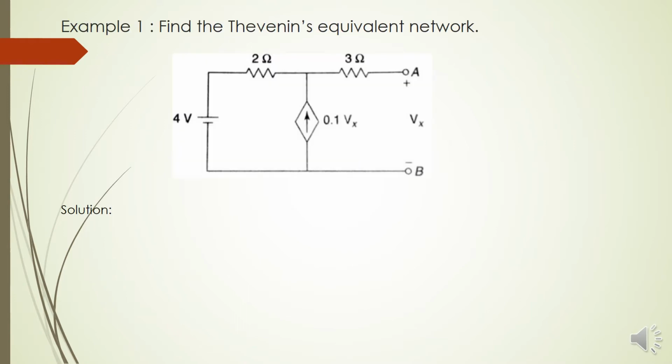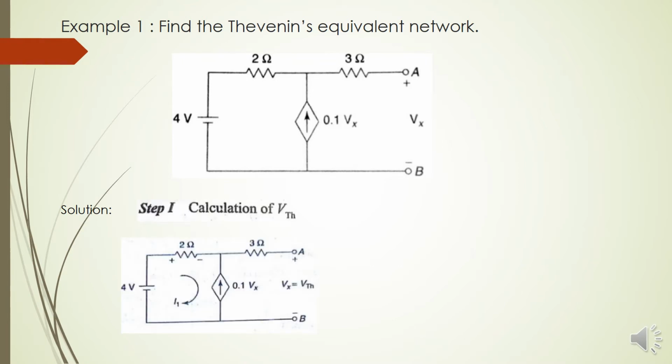Assuming this network, the example is: find Thevenin's equivalent network across terminals A and B. So our first step is to calculate the VTH. The voltage across terminals A and B is Vx. This Vx is nothing but your Thevenin's voltage VTH.